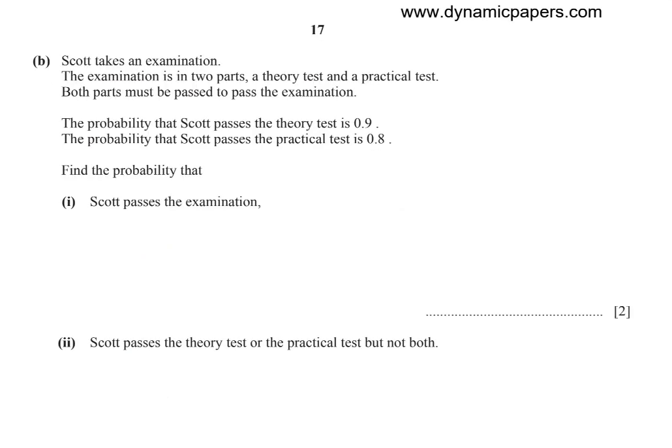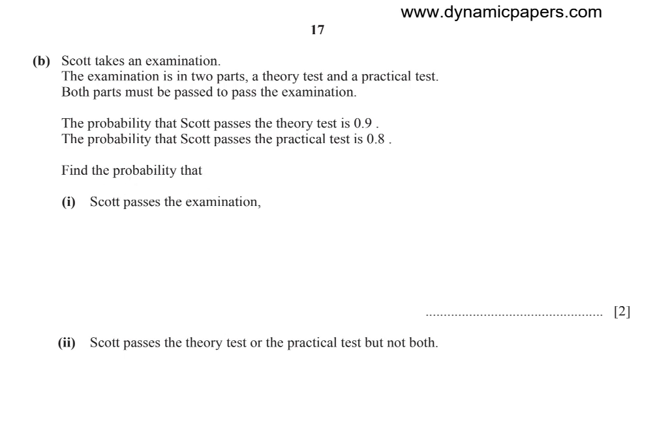B. Scott takes an examination. The examination has 2 parts, a theory test and a practical test. Both parts must be passed to pass the examination. The probability that Scott passes the theory test is 0.9. The probability that Scott passes the practical test is 0.8.